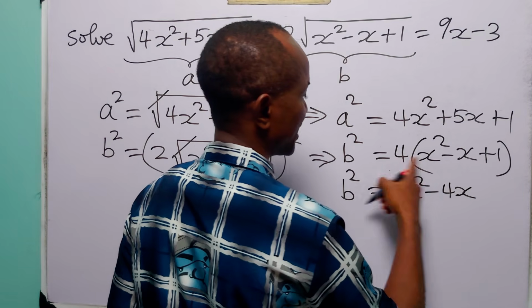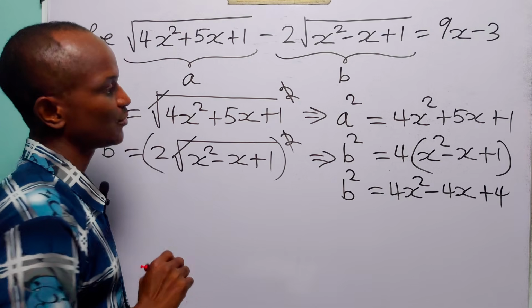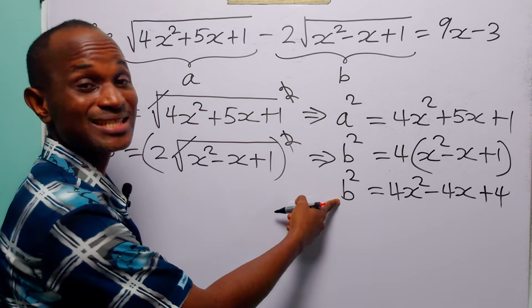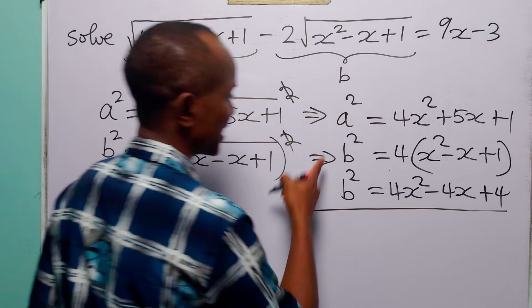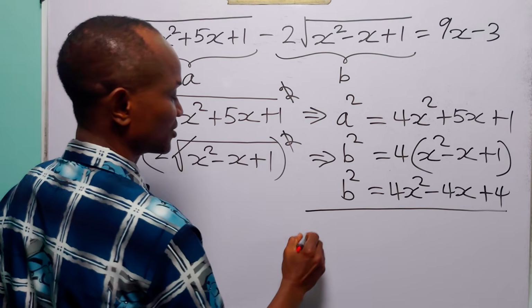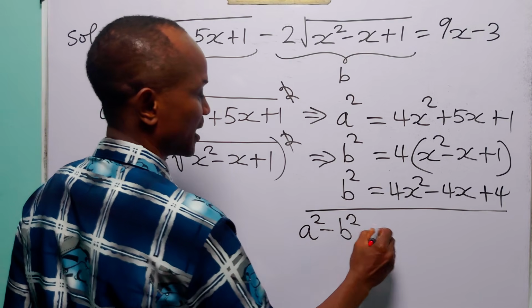minus 4x plus 4. The next thing we are going to do is that we will subtract b squared from a squared. When we do that, on the left-hand side of this equation, of course, we have a squared minus b squared.